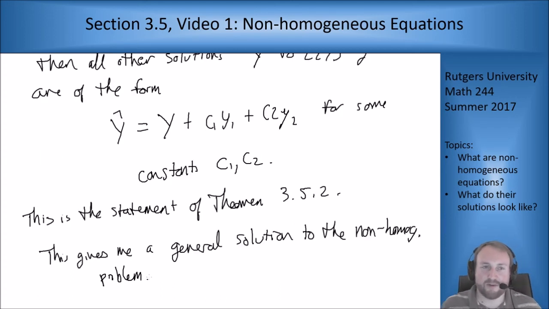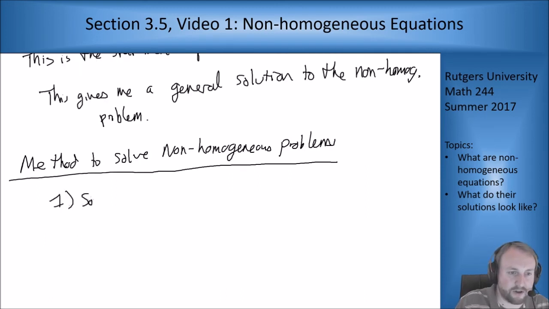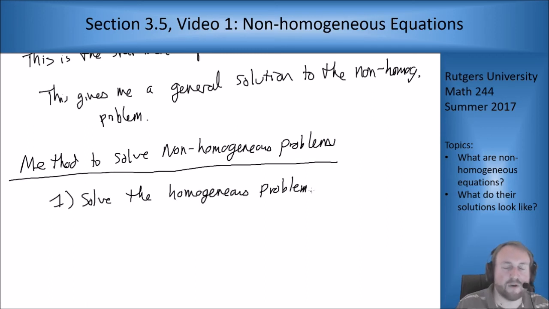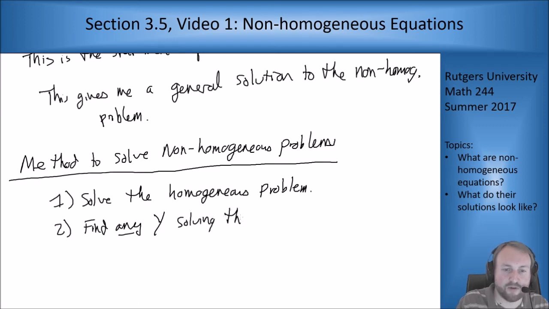So from this, we get a good suggestion of a method to solve non-homogeneous problems. Step 1 is solve the homogeneous problem. This is what we did in sections 3.1 up through 3.4, figuring out ways to solve the homogeneous problem, especially in the constant coefficient case. Step 2 is find any Y solving the non-homogeneous problem.